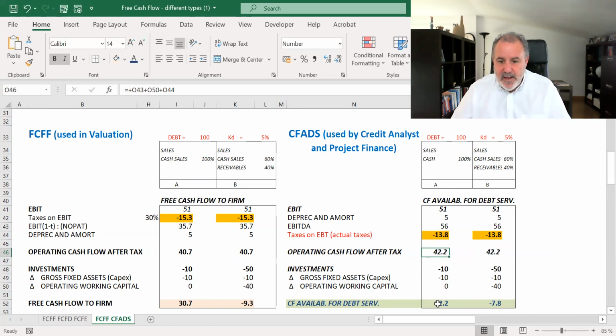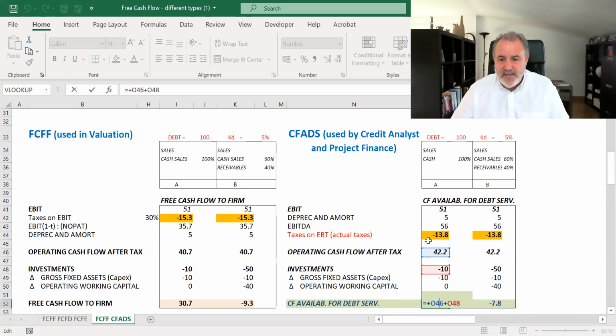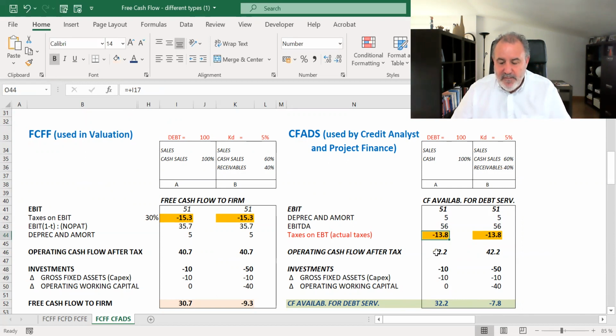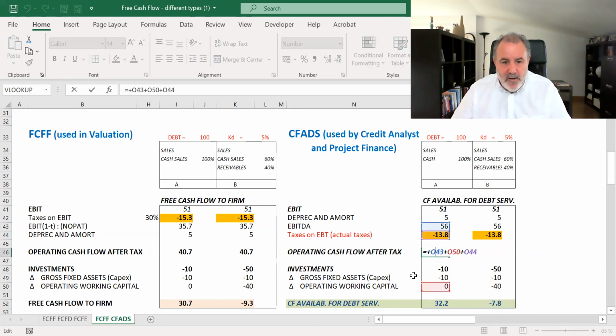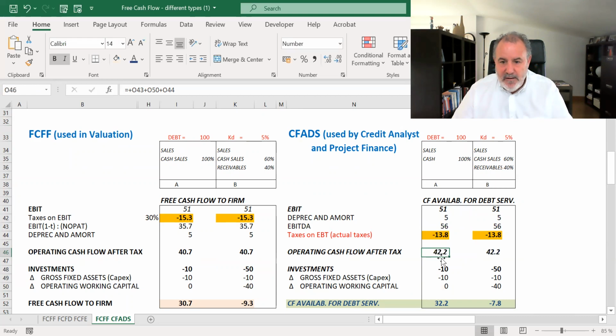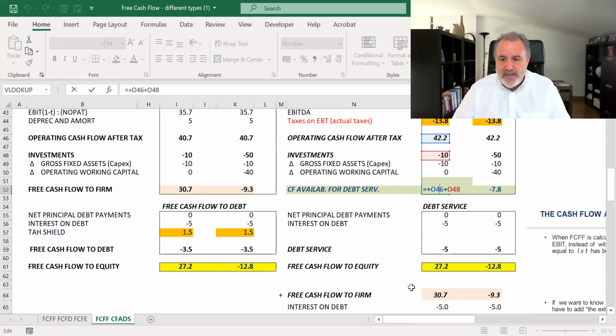What I get is the cash flow available for debt service, which is the operating cash flow plus investment in that case. All right, so what I do actually is to compute the taxes over here. Operating cash flow is 043, which is the EBITDA, plus 050, which is the operating working capital, minus taxes, all right? And then that will be the cash flow available for debt service.